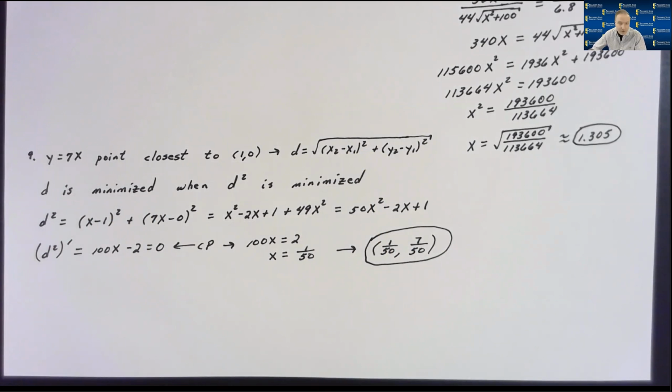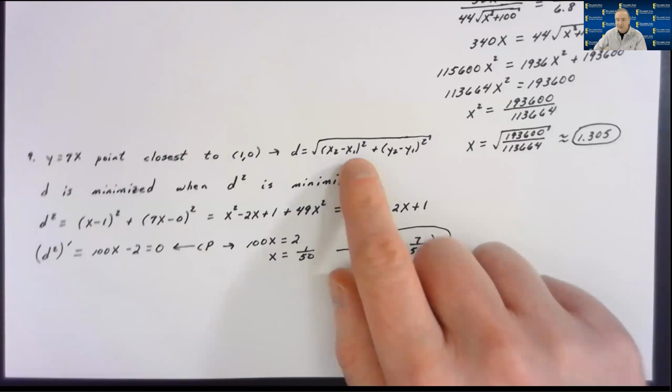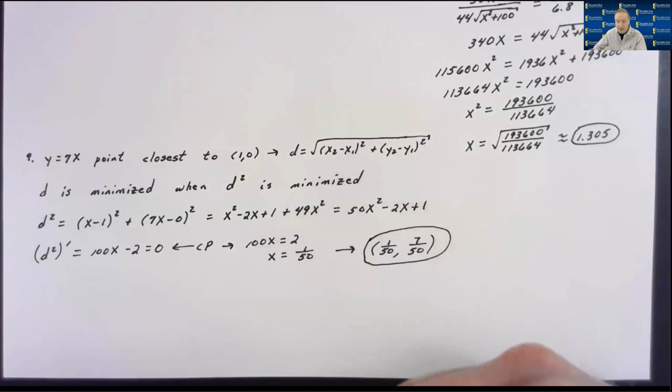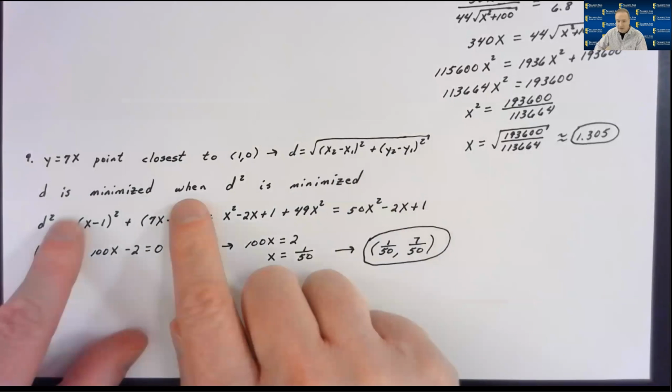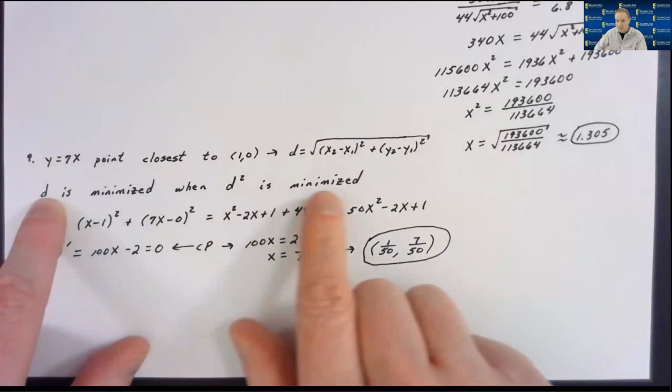But if we're thinking about minimizing the level of difficulty in this problem, then you would say, hey, I don't want to work with that. Instead, you just say, well, clearly the distance is going to be minimized if the square of the distance is minimized. That just makes common sense. So that's what I put right here. The distance is minimized when the square of the distance is minimized.